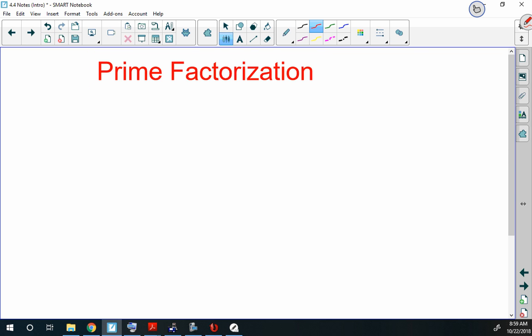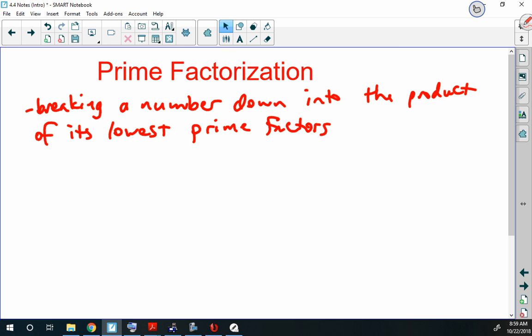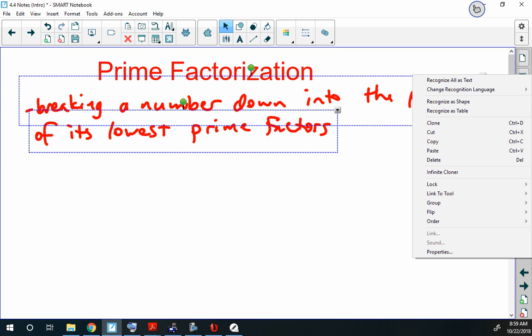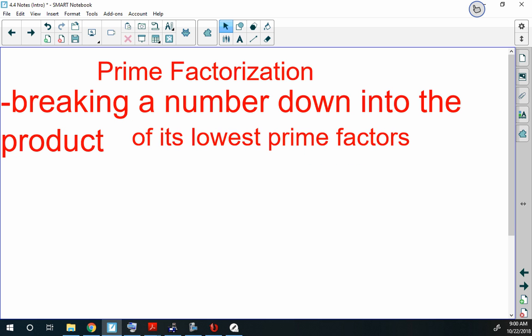What prime factorization is, what it involves is breaking a number down into the product of its lowest prime factors. Prime factorization involves breaking a number down into the product of its lowest prime factors.